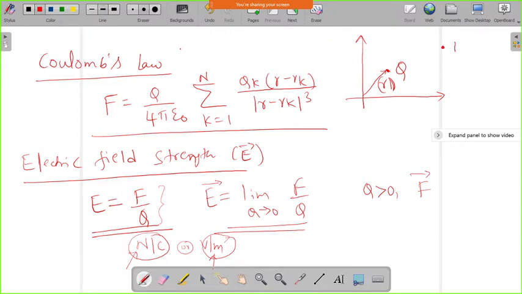If I want to measure the electric field strength at that point, I can take it as r1. So now I want to find the electric field strength due to this charge at position r1.